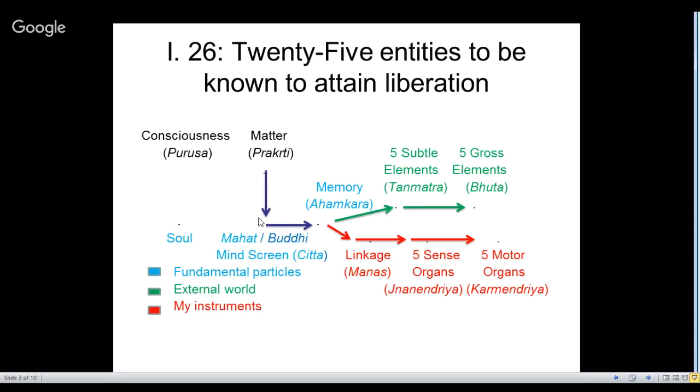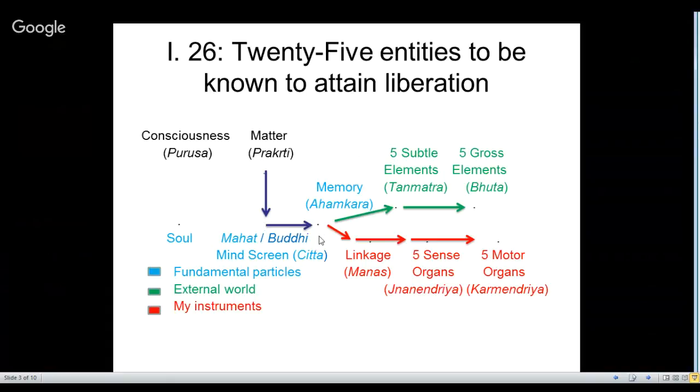The first principle that is formed is Mahat, the great principle. Then the Ahankar, the I principle, which functions as memory for an individual being. And when it comes to the outer world, it goes in the upper direction, the green line.